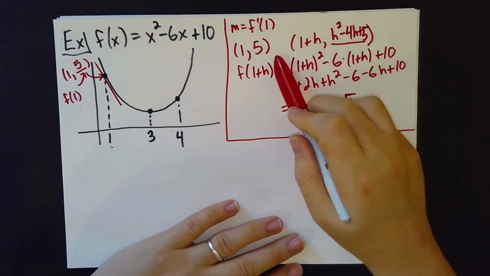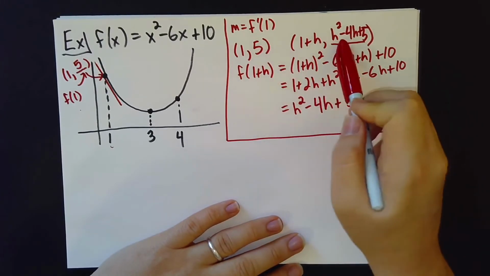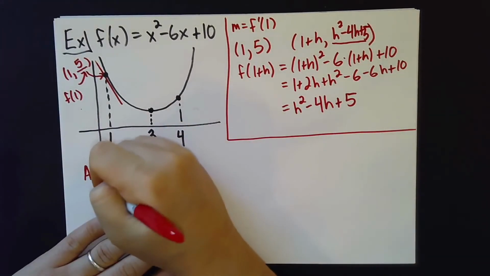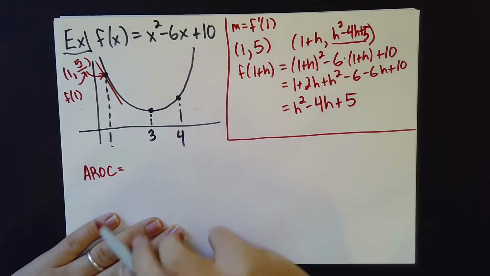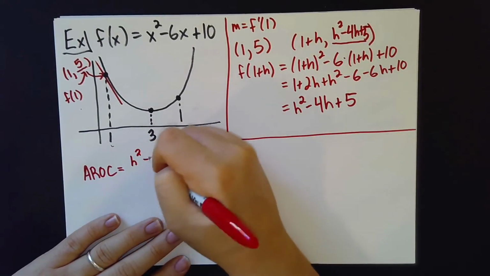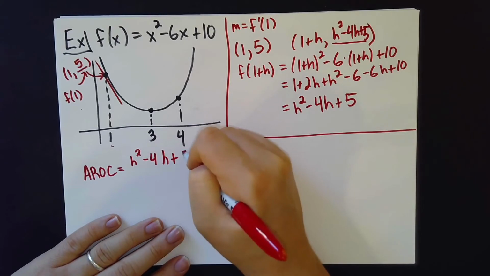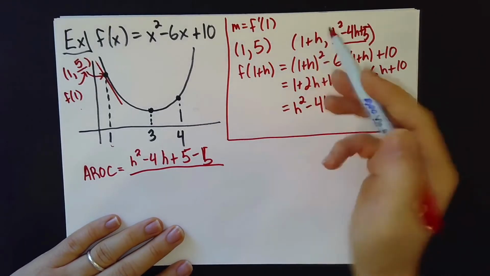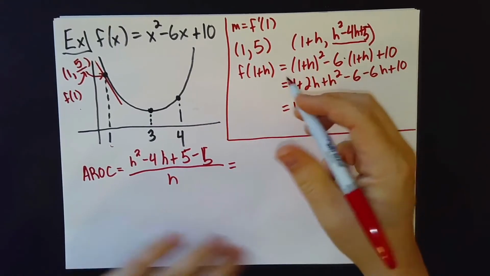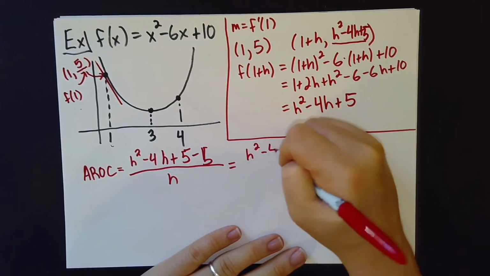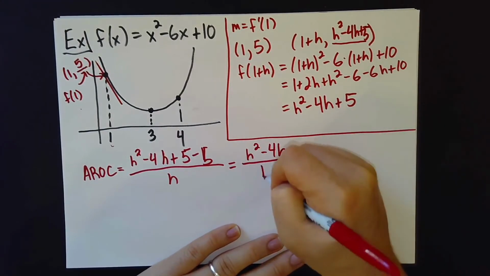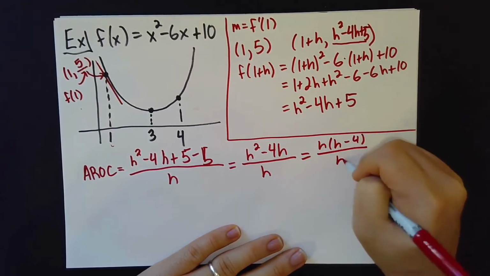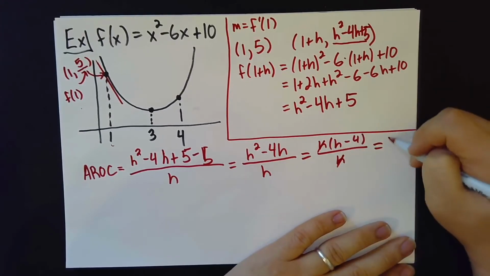Okay, so those are the 2 points that I need to use to find this derivative. So I can find what I have called before the average rate of change, which is just the slope between these 2 points. So that's going to be h squared minus 4h plus 5 minus 5, divided by 1 plus h minus 1, which is just h. And so this is going to be h squared minus 4h over h, which is h times h minus 4 over h, which is h minus 4.